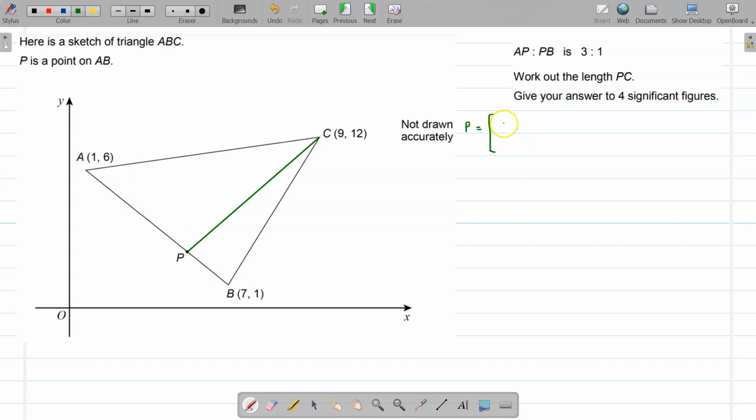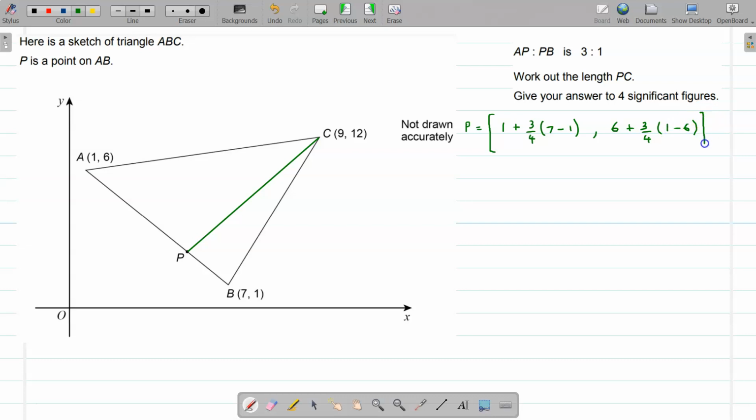So it's going to be 1 plus 3/4 of 7 minus 1. That's how I work it out. And the y coordinate of P is going to be a similar calculation. It's going to be 6 plus 3/4 of the difference between the y coordinates in the same order. So I want 1 minus 6, not 6 minus 1.